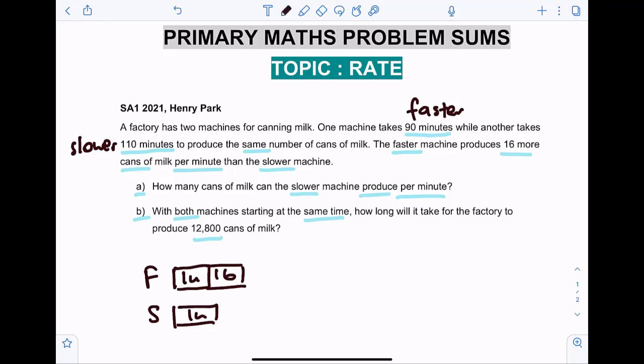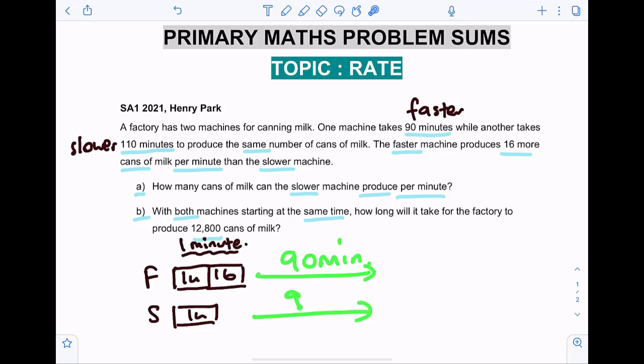So this is for every 1 minute. Now, if we give the faster machine 90 minutes, it is able to complete the job. Whereas the slower machine, after 90 minutes, is not able to complete the job.